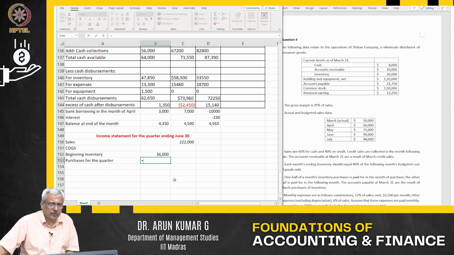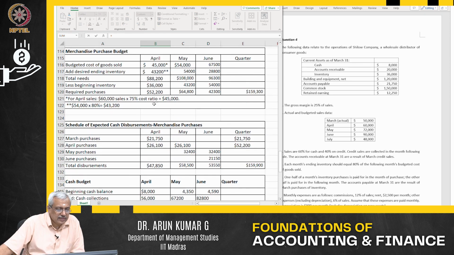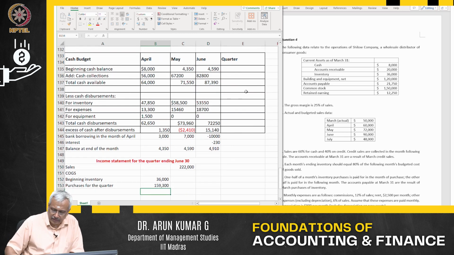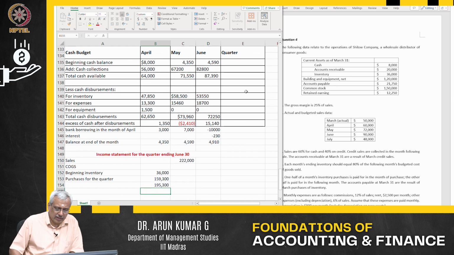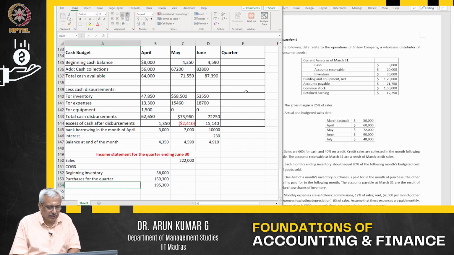This is the percentage purchase, this is the required purchase, this is the purchase for the quarter. So, what is the amount of goods available? That is the inventory available for the quarter. Now, less ending inventory.